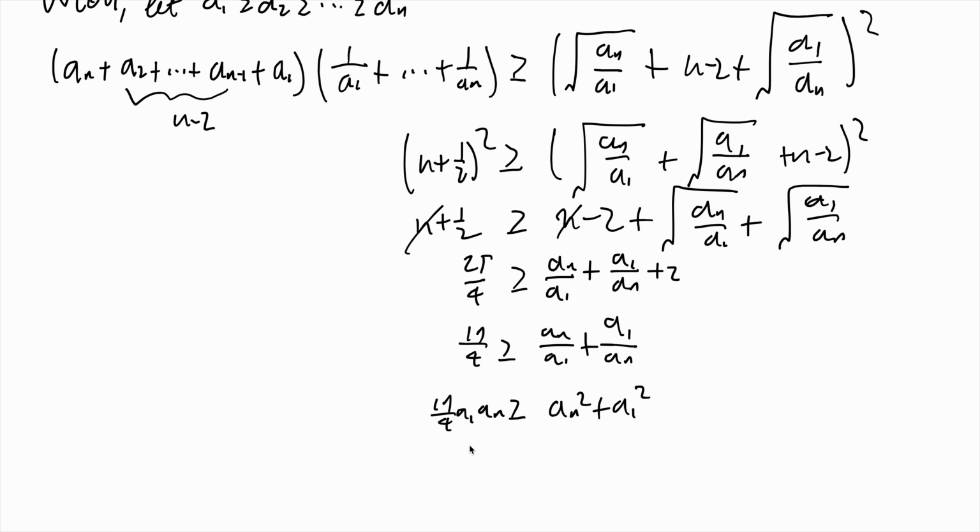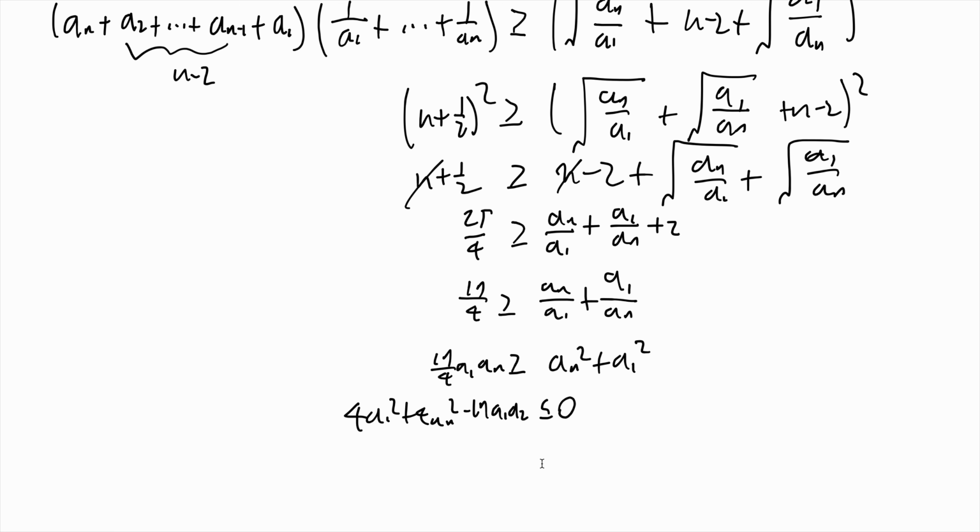We have 4a sub 1 squared plus 4a sub n squared minus 17a sub 1 a sub n is less than or equal to 0. I hope this is right, and I think we can also factor this thing. So we have 4, 4, 16, and 1.